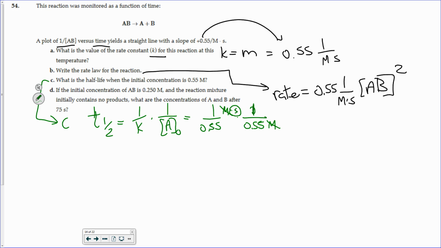So that's 3.3 seconds. So if you started with 1 molar, in 3.3 seconds you'd have half a molar.